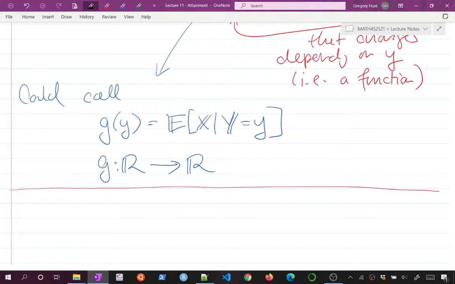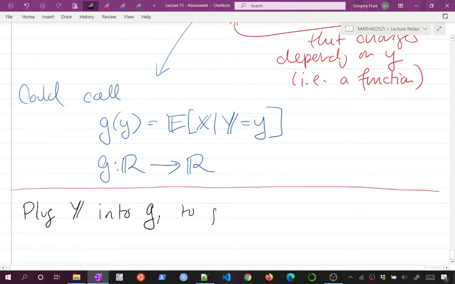What if I plug my random variable Y into g, to get g of Y? Now, when you talk about that in 451, that's okay. Nothing too scary.